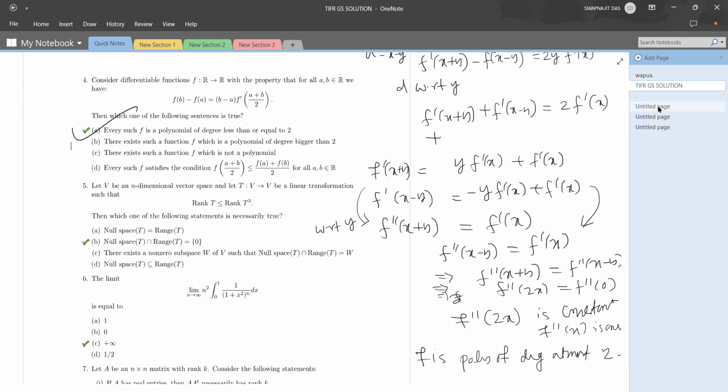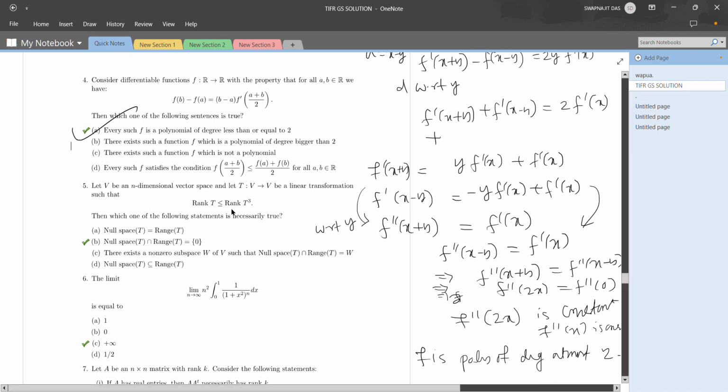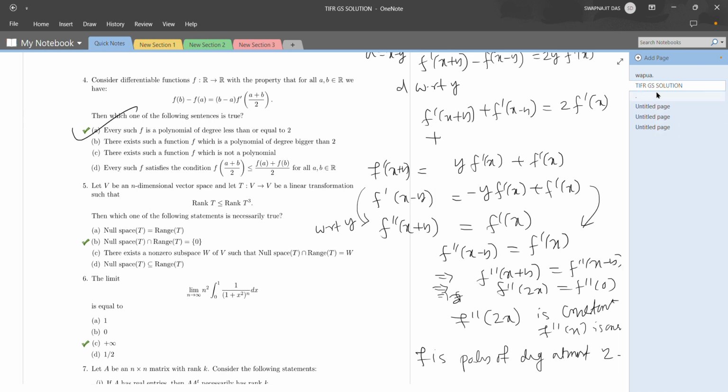Now come to problem number 5. Let's do it on a different page. It says that rank T is less than or equal to rank of T cube. Then we need to check the condition between null space and range space. It is a very well-known and easy problem.